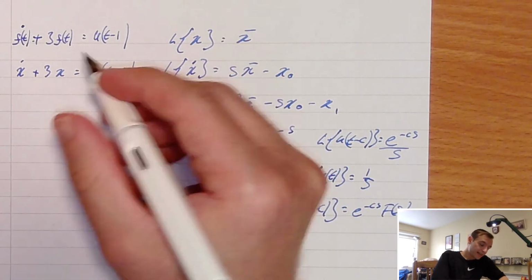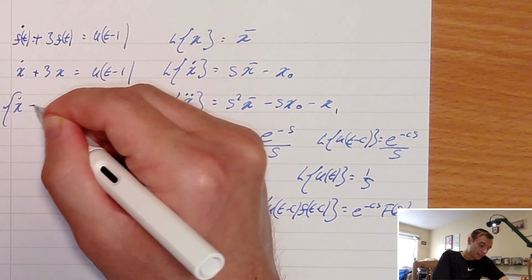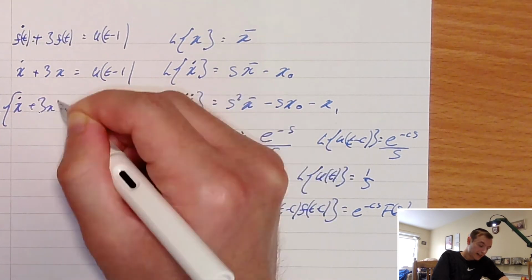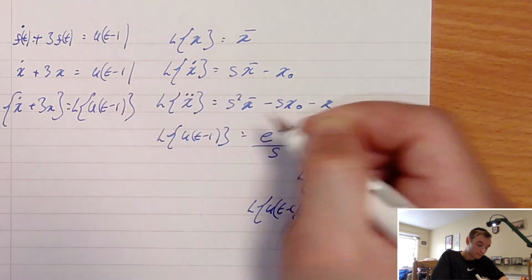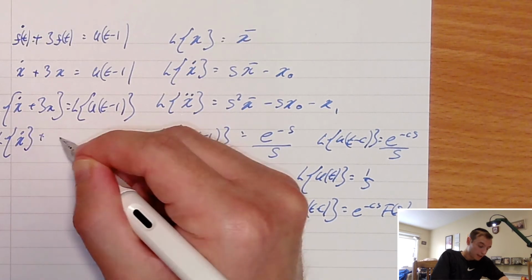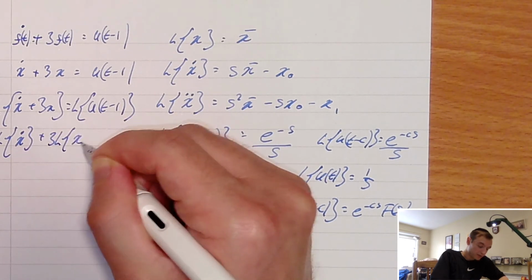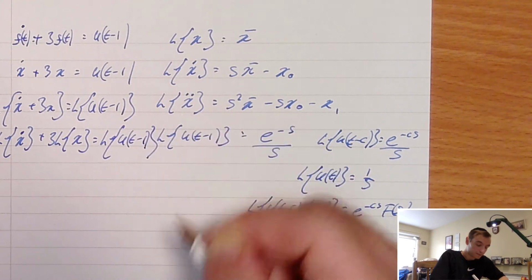So if I write that out formally here, the Laplace transform of x dot plus 3x equals the Laplace transform of u(t minus 1). And then we can say that the Laplace transform of x dot plus 3 times the Laplace transform of x equals the Laplace transform of u(t minus 1).